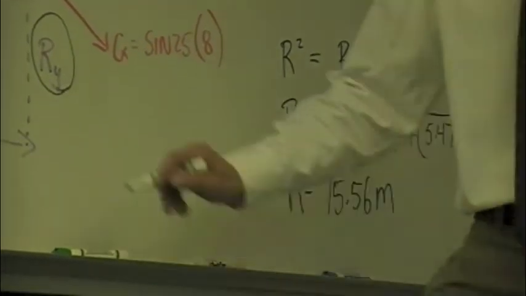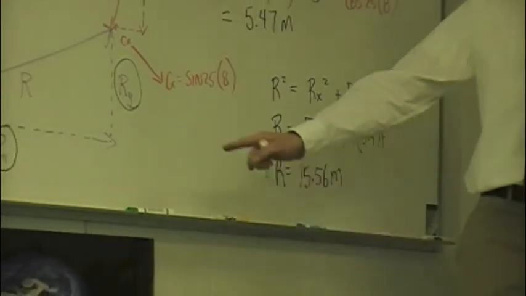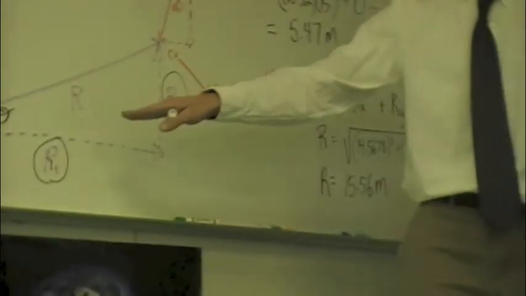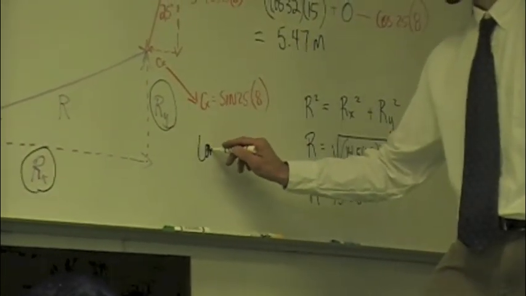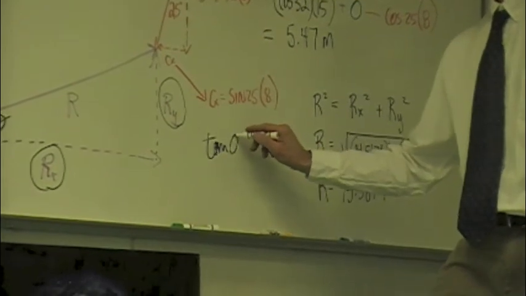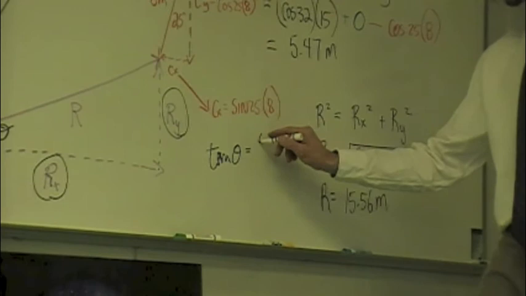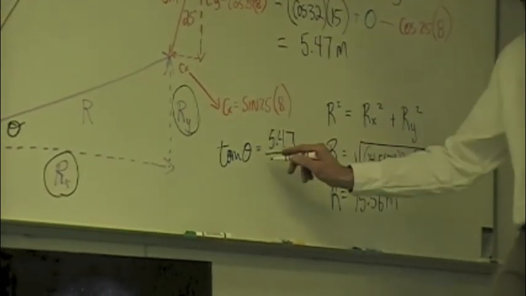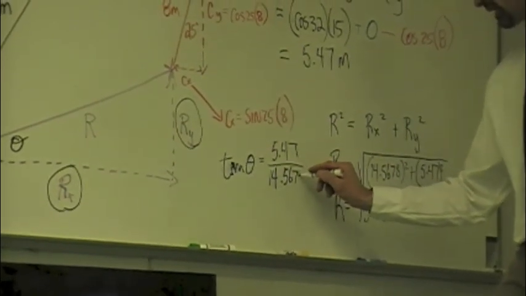And then, guys, how would we find the direction? How would we find that theta right there? Well, what do we know? We know, well, now we know all three of them, but mostly we know the opposite and the adjacent. So what we can do is we can say tangent of theta equals opposite, which is ry, which is 5.47, all over adjacent, which is 14.5678.